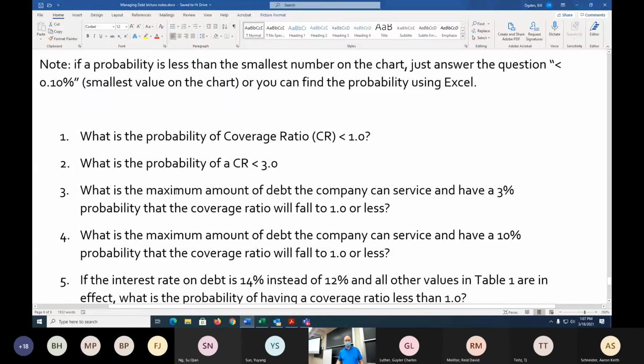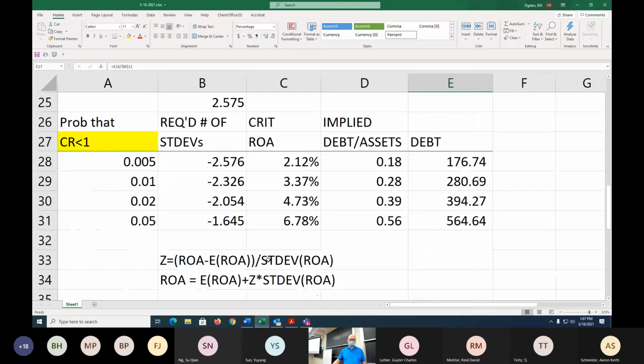Okay, so what is the maximum amount of debt the company can service and have a 3% probability that the coverage ratio will fall to 1 or less? Well, that's just what we did today. Okay, and we don't have a 3%, otherwise you just plug, couldn't you? But yeah, 3% chance, so somewhere between 2 and 5. So you get a z-score between these two, wouldn't you?